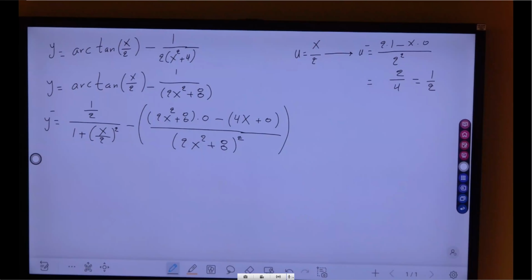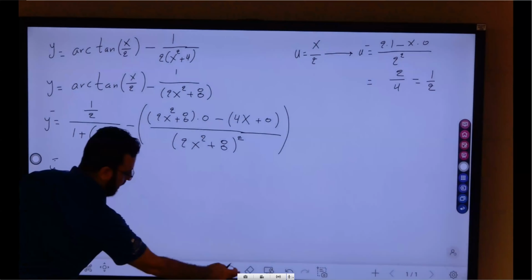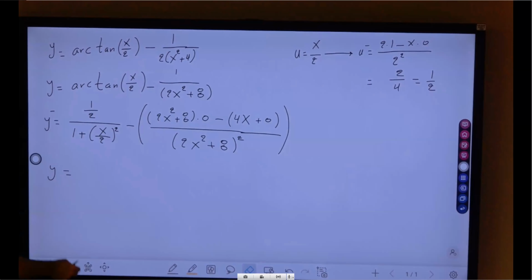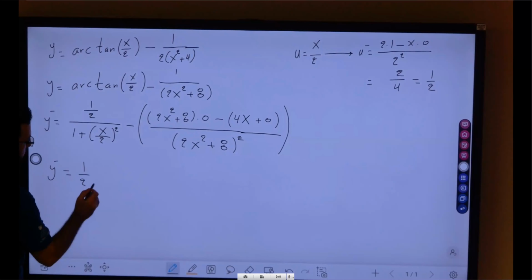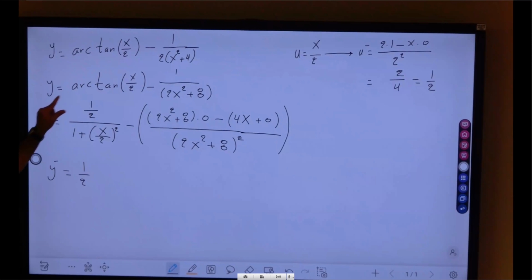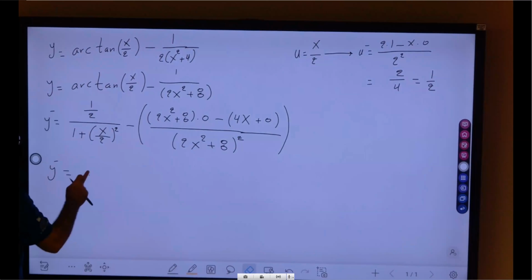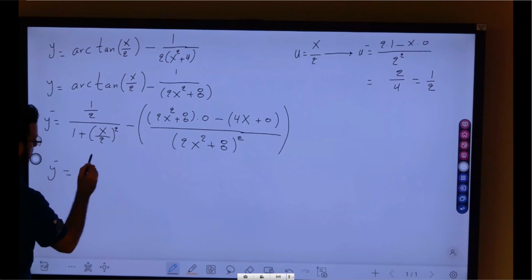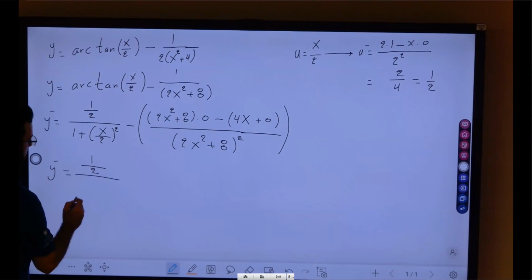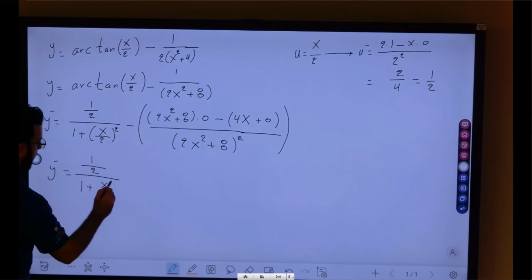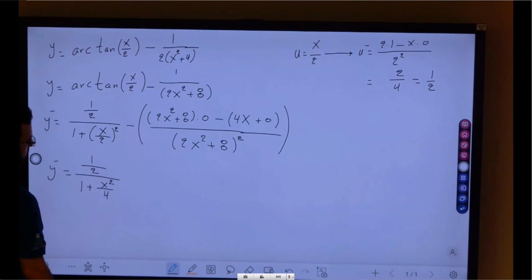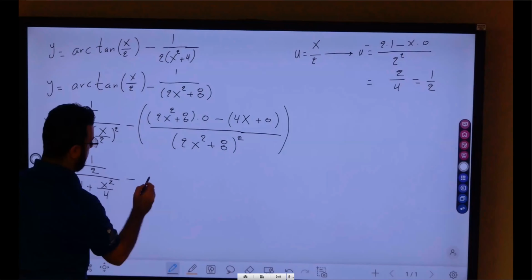Now let's simplify everything. Y prime is going to be 1 over 2 times what? Write down this on the flip, but before that, we'll keep it 1 over 2 here, over 1 plus x squared over 4, minus, let's simplify this side.